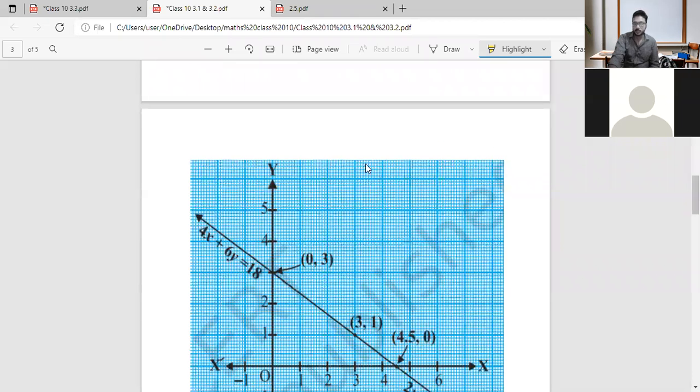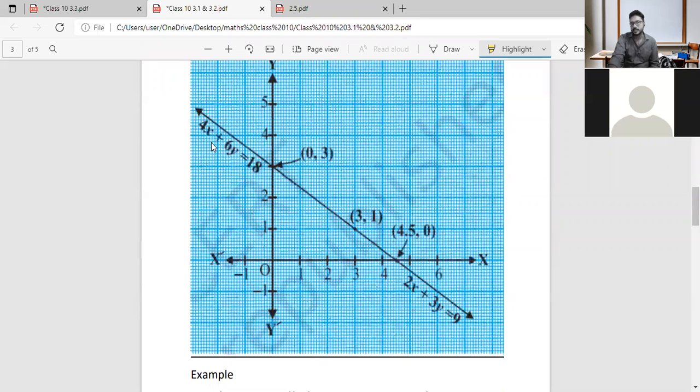And we have seen that both these lines are coinciding. In other words, the line having the equation 2x plus 3y is equal to 9 is coinciding with the line having the equation 4x plus 6y is equal to 18. That is what we saw in our previous class.